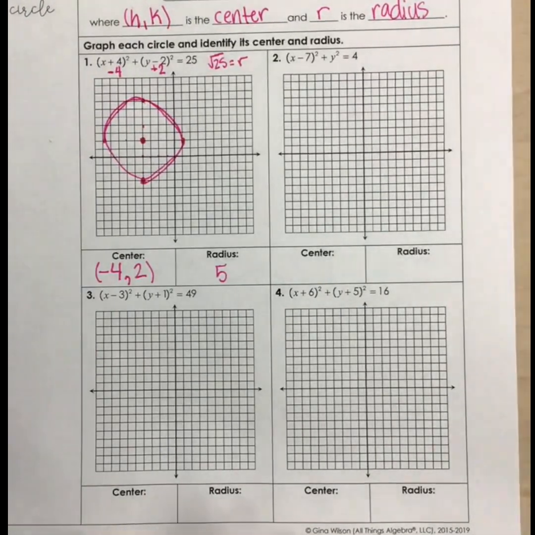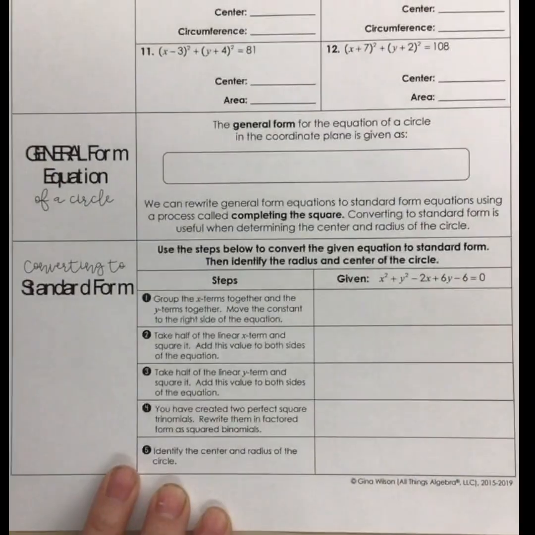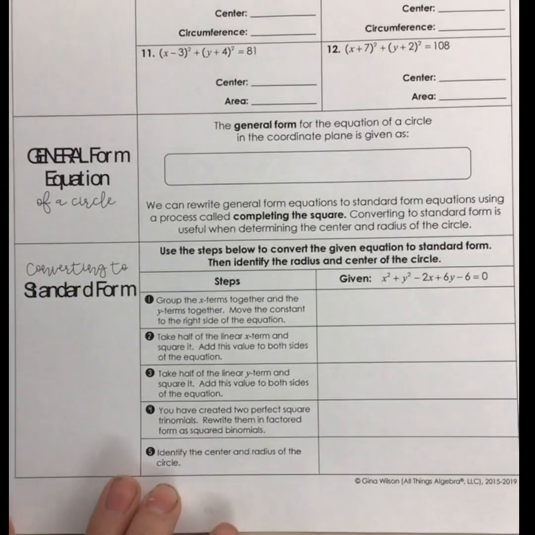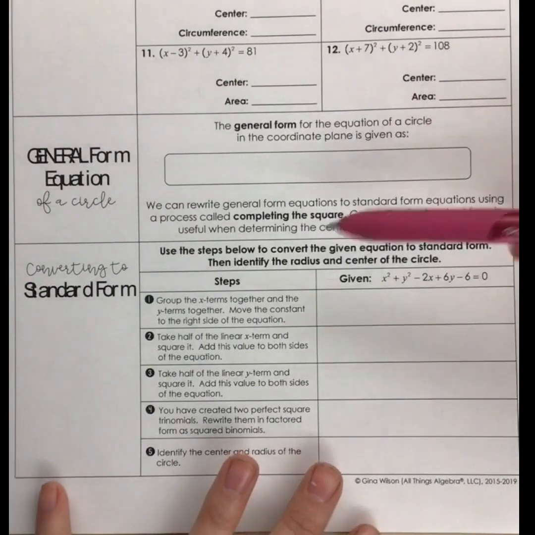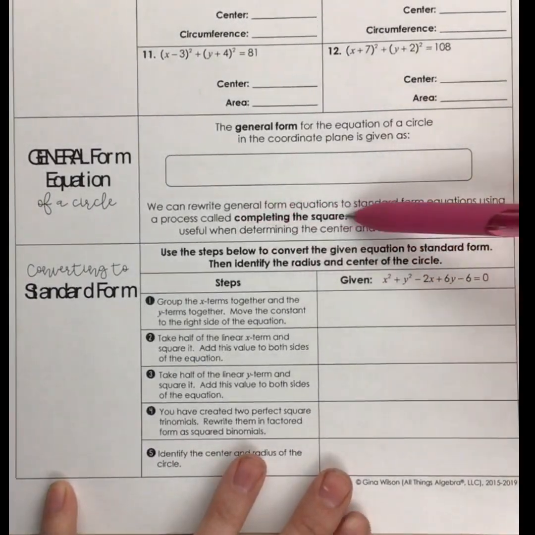When we talk about the standard form of our circle, we should also talk about the general form for a circle. So for the general form of our circle, it's the same thing as our standard form, but now instead of having our squareds with our parentheses, we have completed the square. So we're rewriting by completing the square.